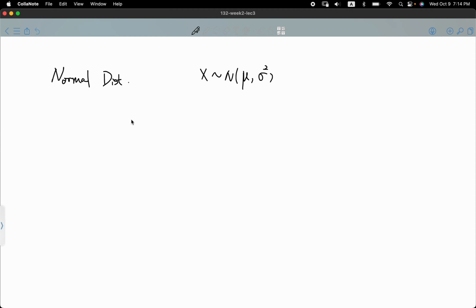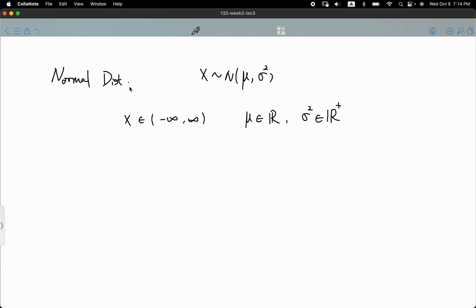The support for x is from negative infinity to positive infinity. Mu is just a real-valued scalar, and sigma square has to be a positive real value. So that is the support and the constraint on the parameters.